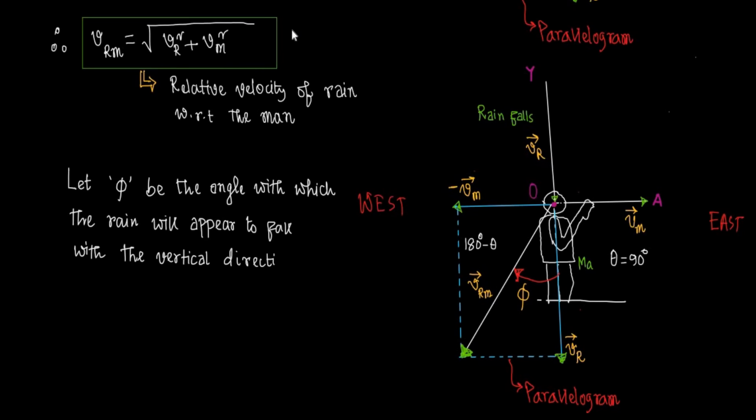Let phi be the angle with which the rain will appear to fall, with the relative velocity VRM, with the vertical direction.